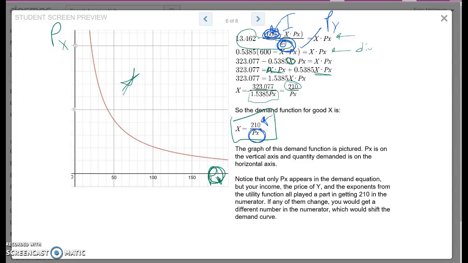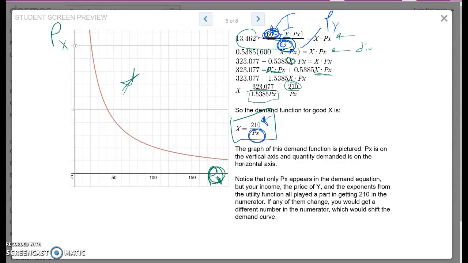So even though the only variable that appears in this equation is px, if we went back and had changed income to something else or changed the price of y to some other number, we would have gotten a different answer here. And in future presentations, we're going to talk about how changing those values would impact the demand function that we got at the end.